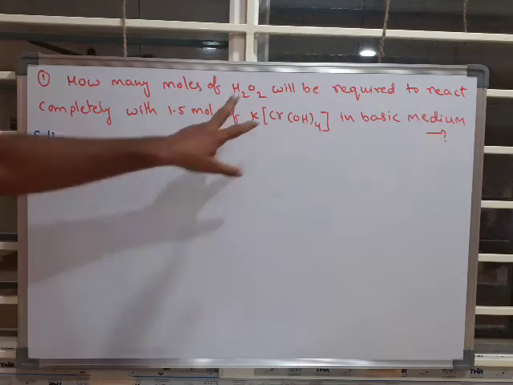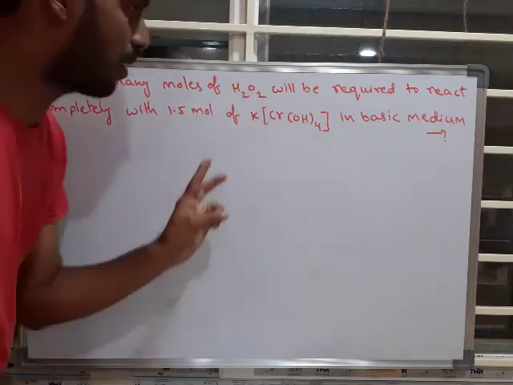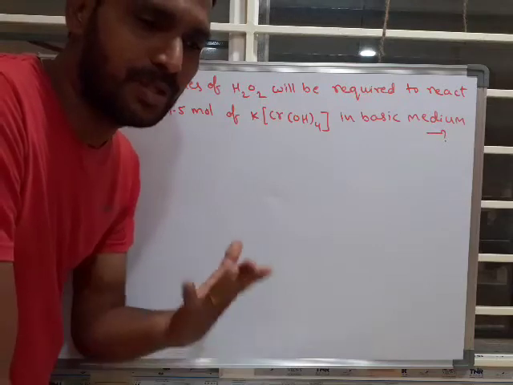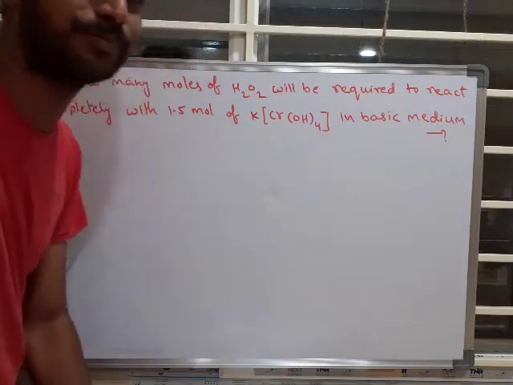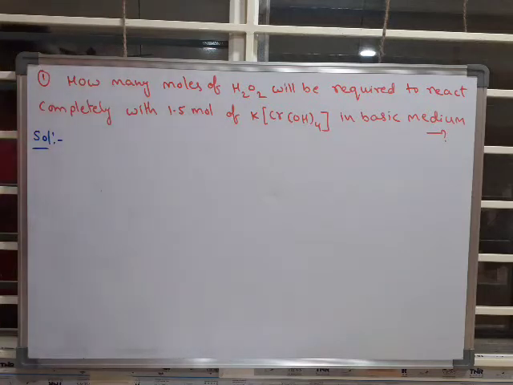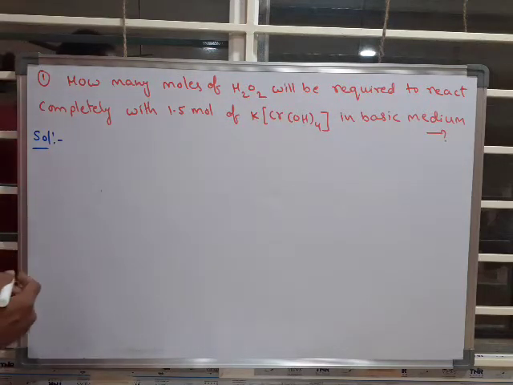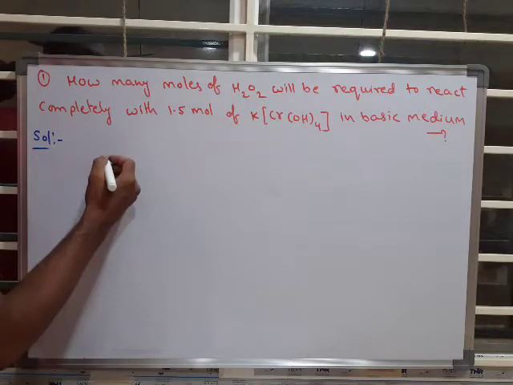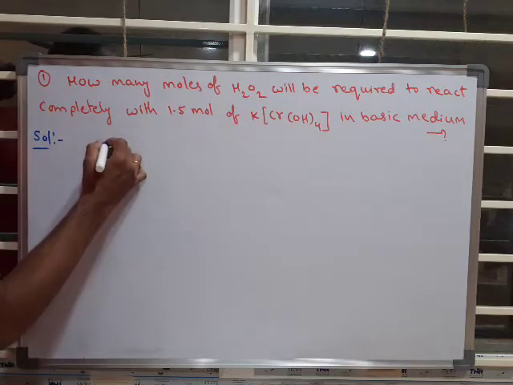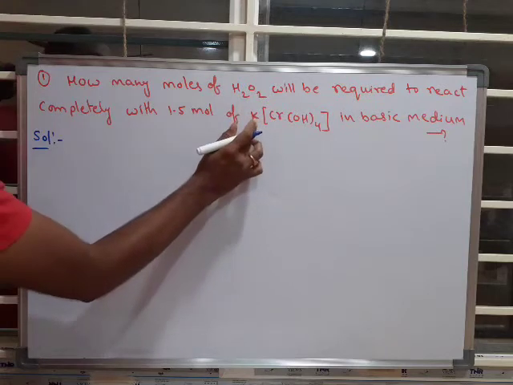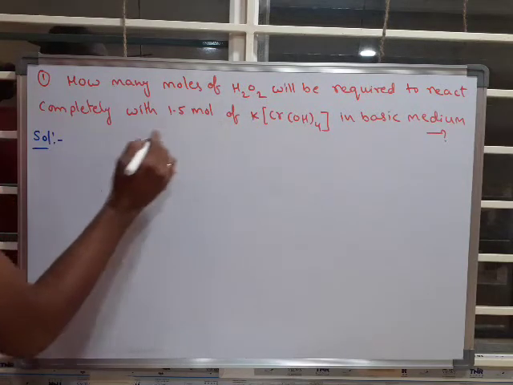So we already know that when two compounds react completely, we need to equalize their milli equivalents. First we see what changes take place. Here potassium has no change. Potassium is always plus 1.